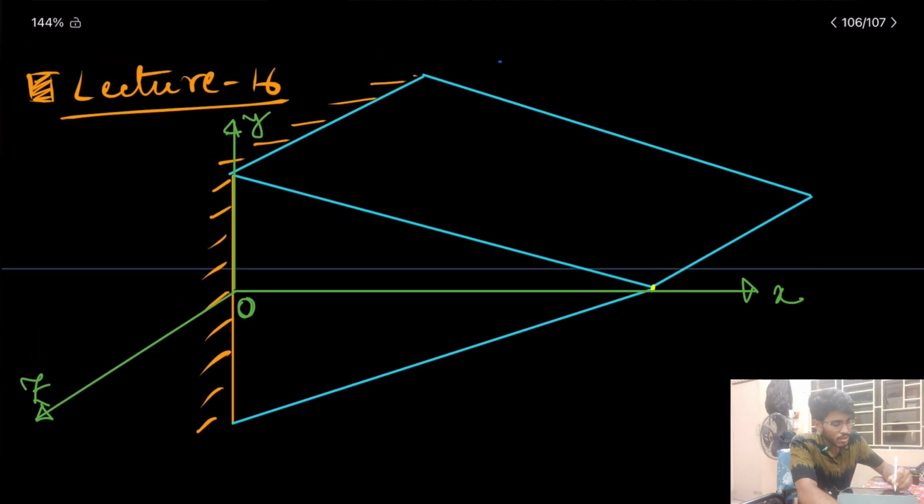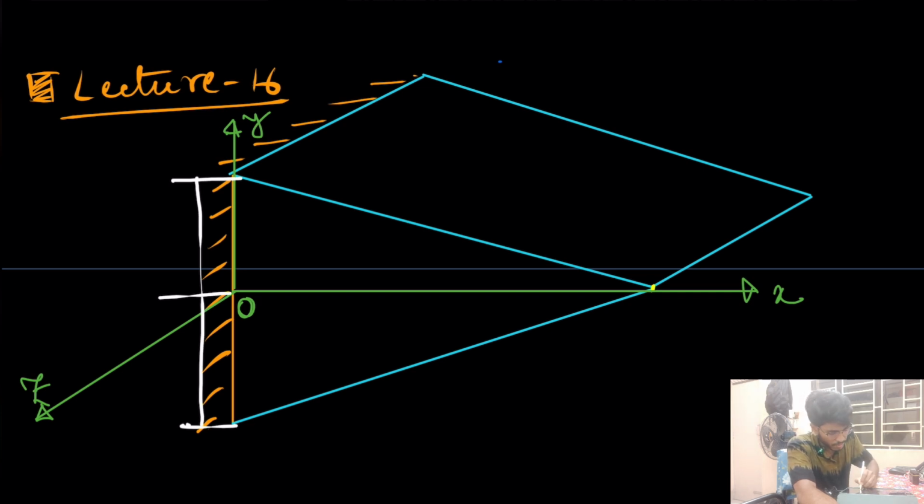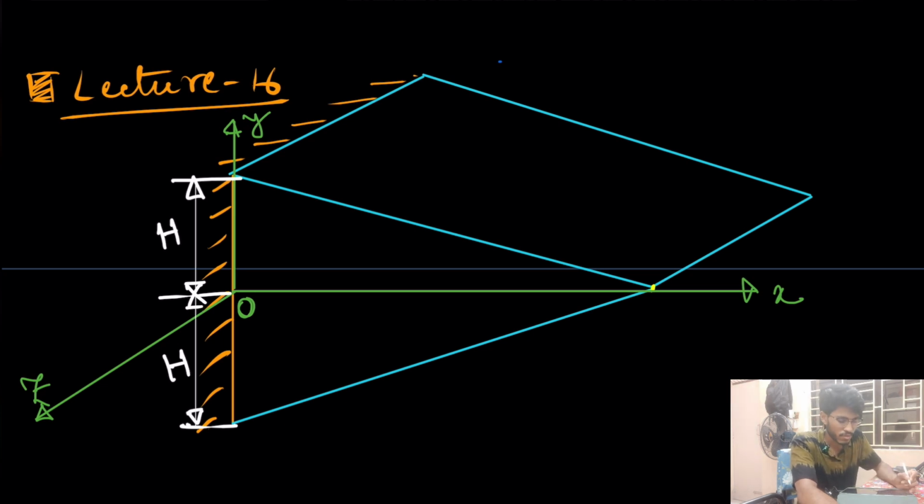Now I need to give you the dimensions. So this is the same 2h, that is each part is h. So again let me take capital H because small h is our heat transfer coefficient already, and this is our width.